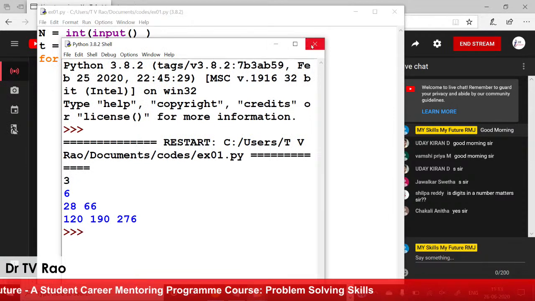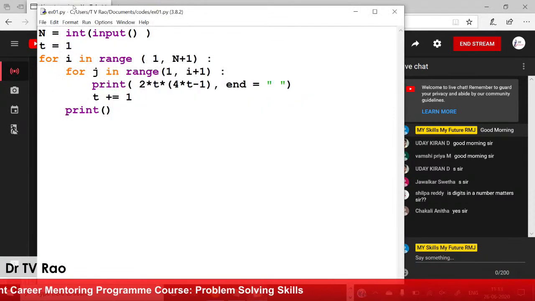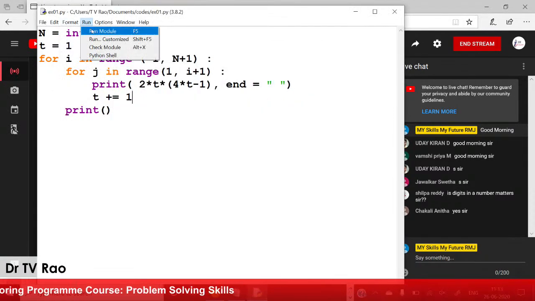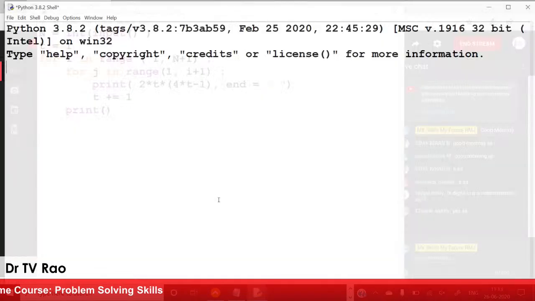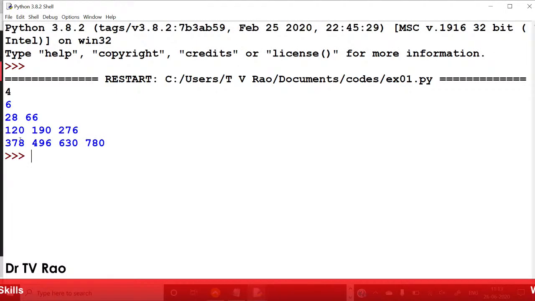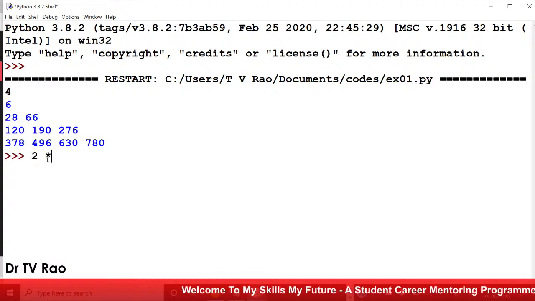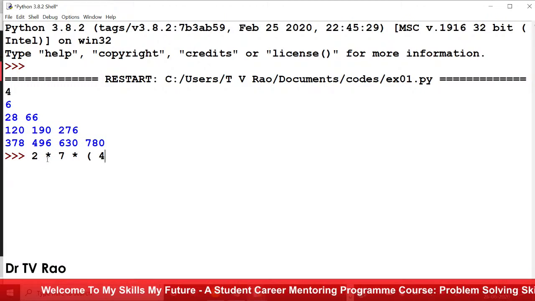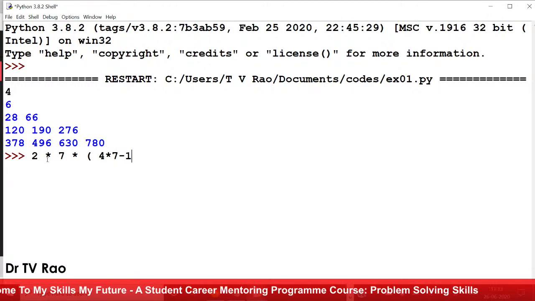Let us print 4 lines of output. Okay, so this is 5th term, 7th term, 8th term, 9th term and 10th term. This is say 2 into 7 into 4 into 7 minus 1.